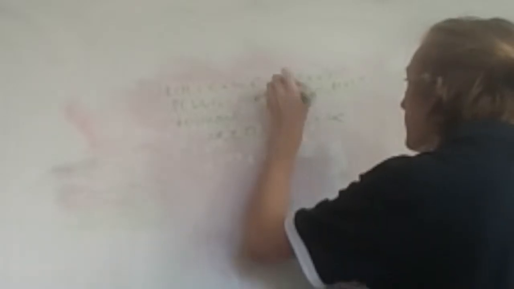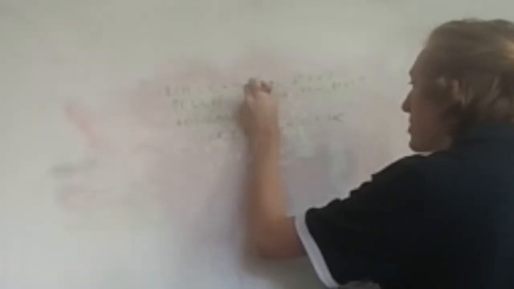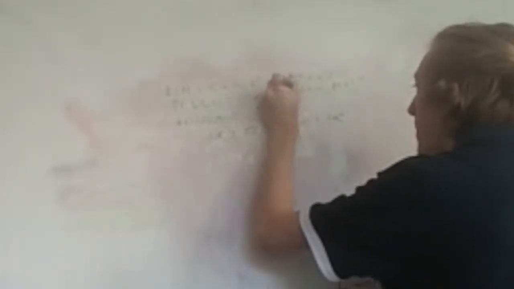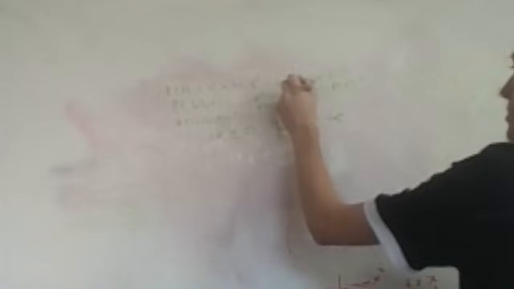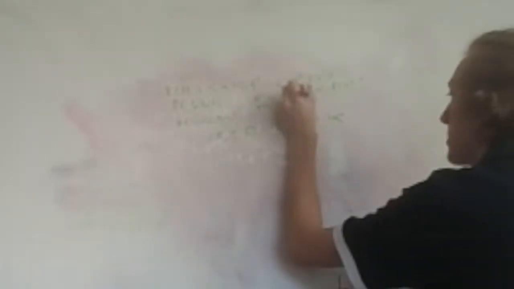So r prime of 1 is going to be equal to 1, 3, 3. No, I can't do math. It's 1, 2, 4.